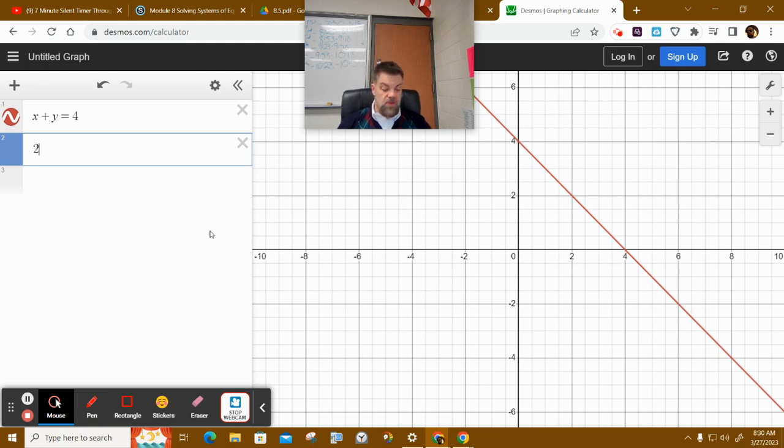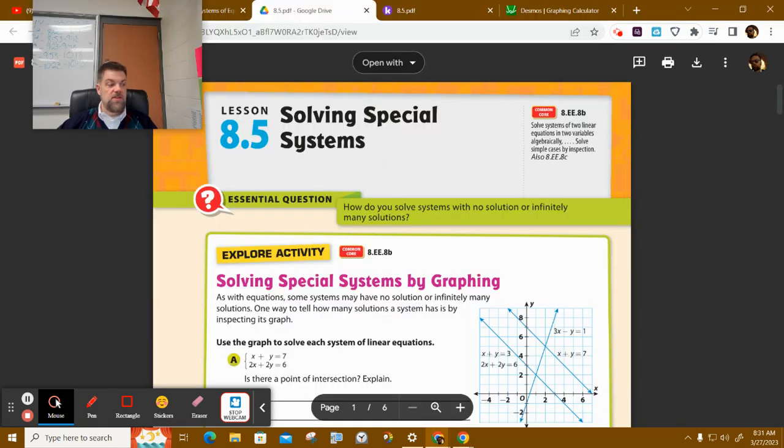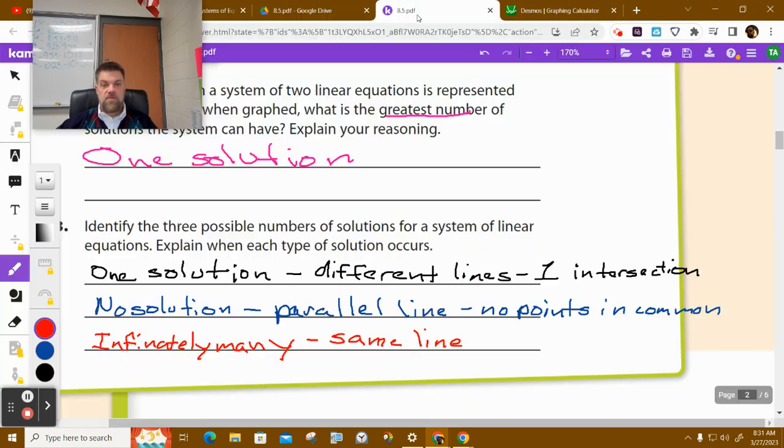Then it would become 2x plus 2y equals, what's 4 times 2? 8. So when I finish this, guess what? Boom. Two different equations, the exact same line. If I turn this off, they're the exact same line. So they have infinitely many solutions. Does that make sense? Okay. That's all I wanted to point out. Are there any questions?